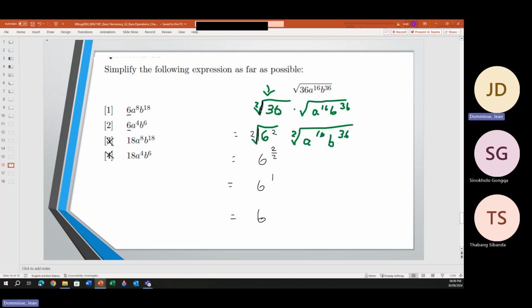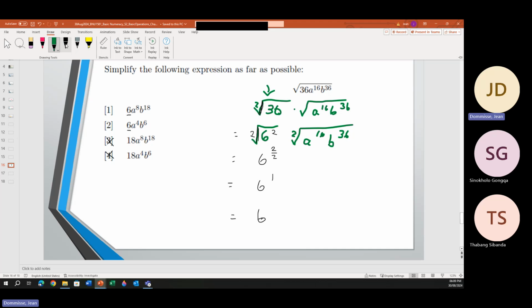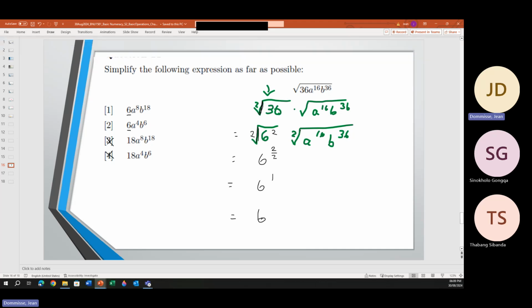If I again see this line as a division line, I can say it is A 16 divided by 2 and B 36 divided by 2.